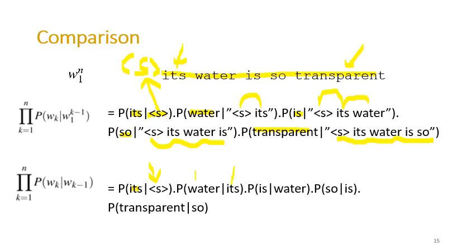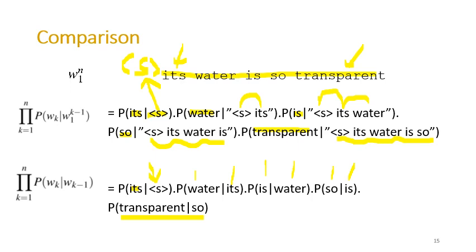The probability of "is", given the previous word is "water". And then the probability of "so", given the previous word is "is". Finally, the probability of "transparent", given the previous word is "so". So you see here, using the bigram approximation, every time you just see a pair of words.